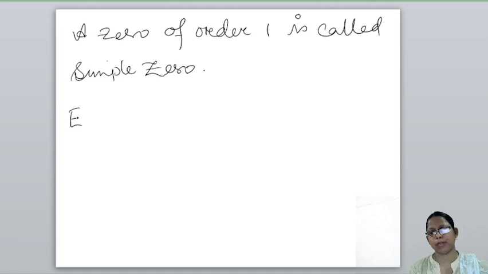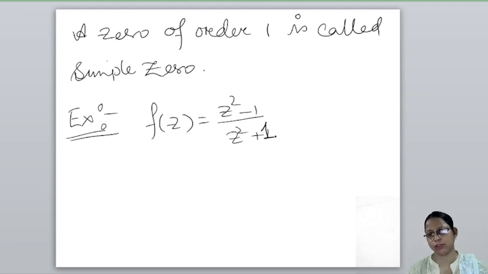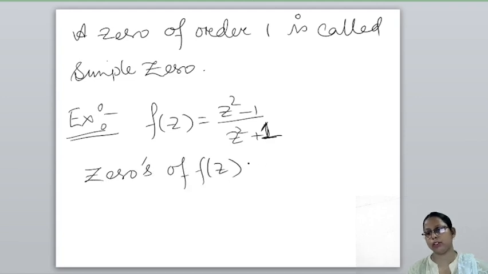Next is an example of zeros of an analytic function. Consider a function f(z) equal to (z square minus 1) divided by (z square plus 1). Then zeros of f(z) are obtained by equating the numerator to 0.